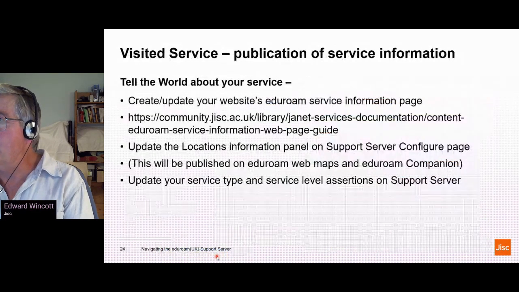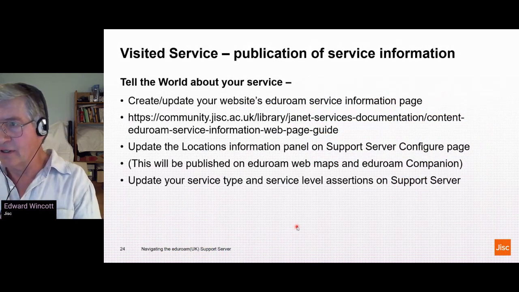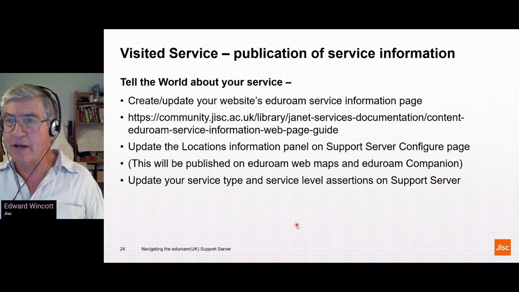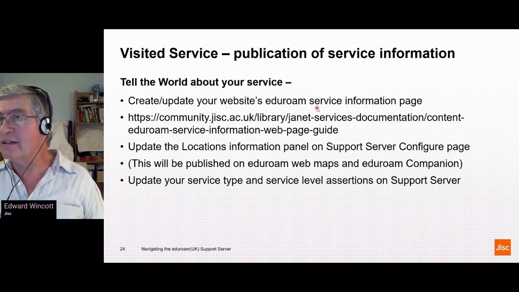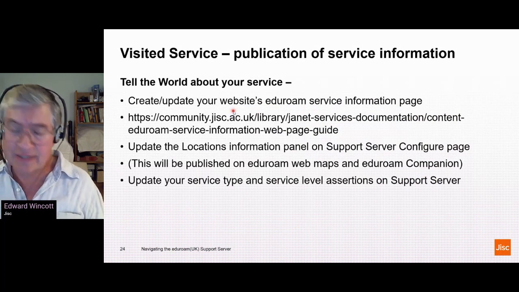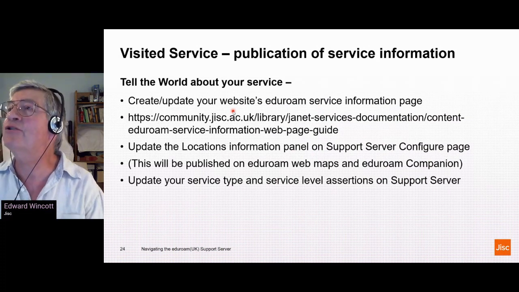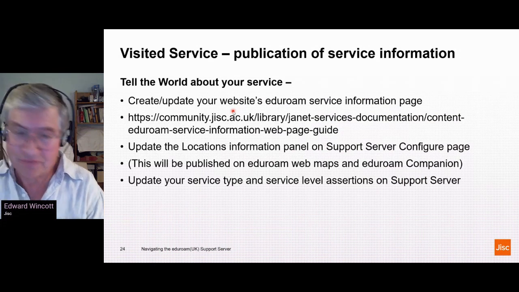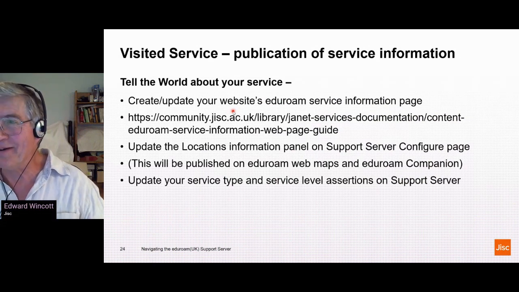So once you've made your service assertions, you have an operational service, you've got your website in place, you will want to tell the world about your service. So you need to create an eduroam service information page about your service. That needs to have, at the very least, a link to eduroam, www.eduroam.org. This is a requirement that's handed down to us from the Géant European Federation that we're part of.